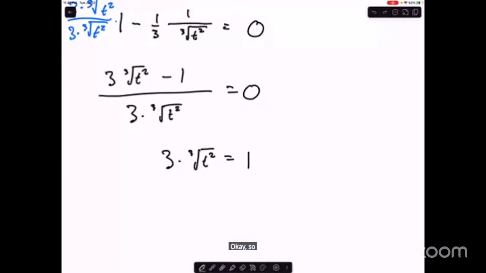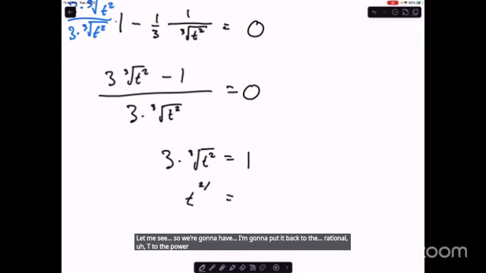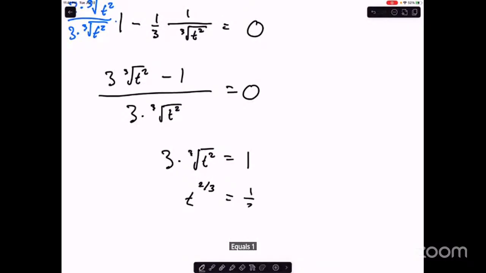Okay, so we divide both sides by 3. I'm going to put it back to the rational. t to the power of 2/3 equals 1/3. So we can raise both sides to the power of 3/2, right?